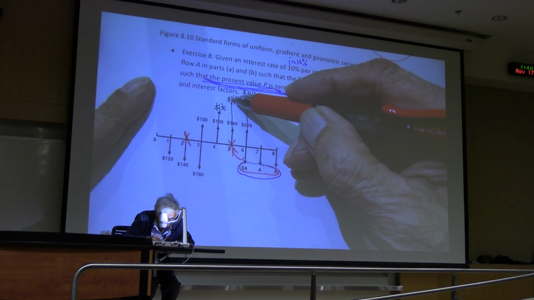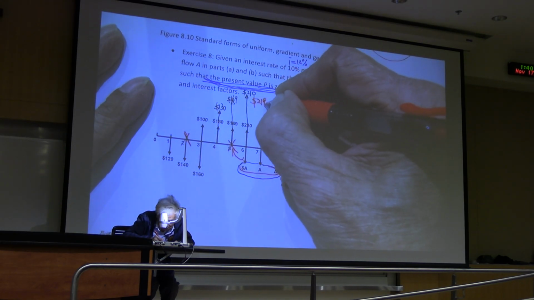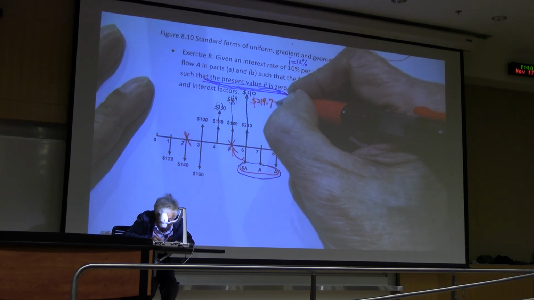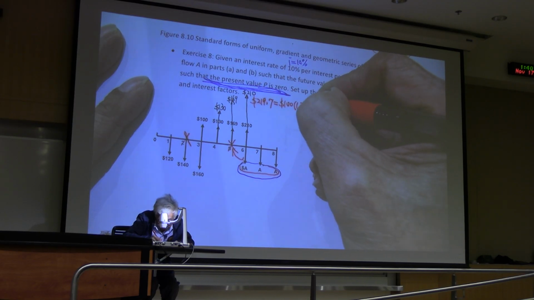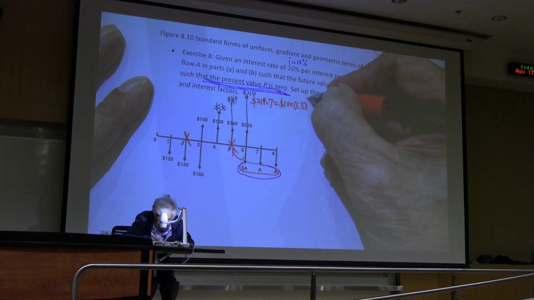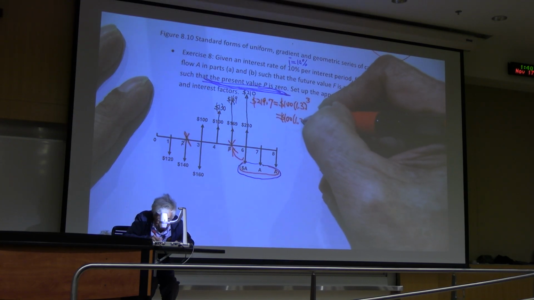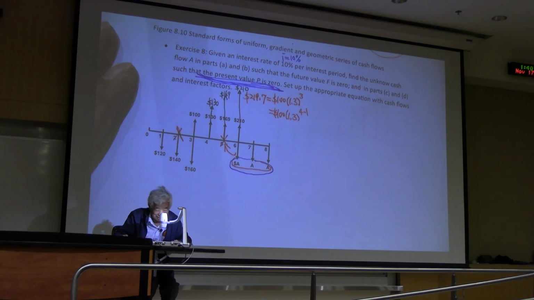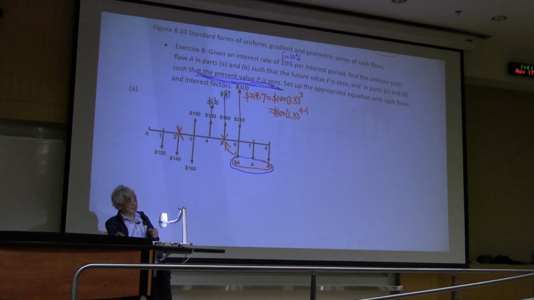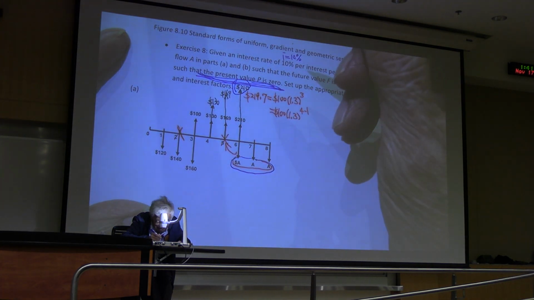169 times 1.3 should be 219.7. That is 100 times 1.3 to the third power, or 100 times 1.3 to the 4 minus 1. So if you want to use a geometric series, this term should be 219.